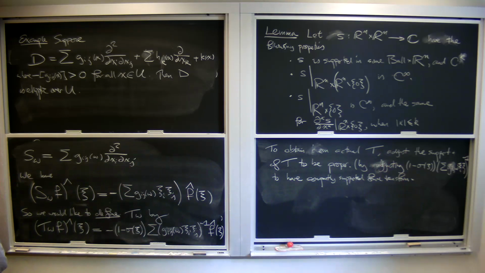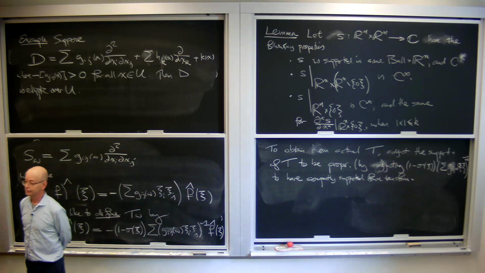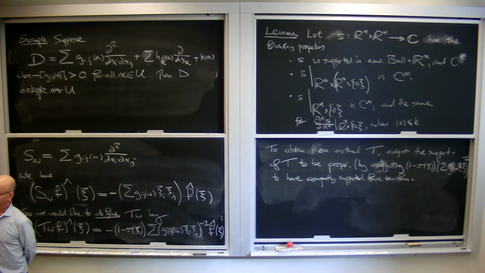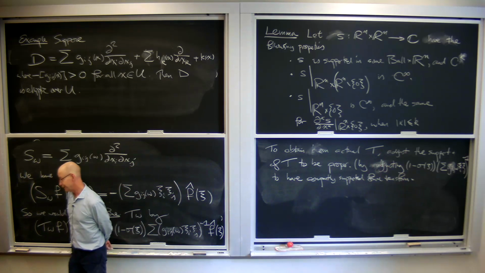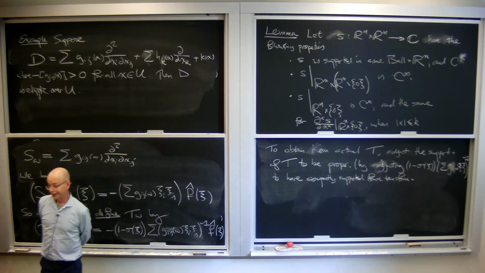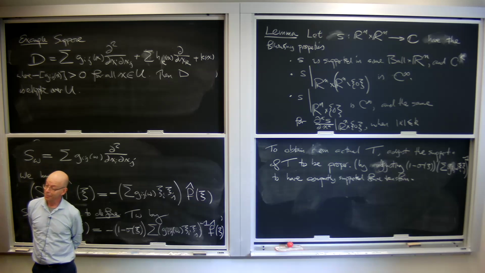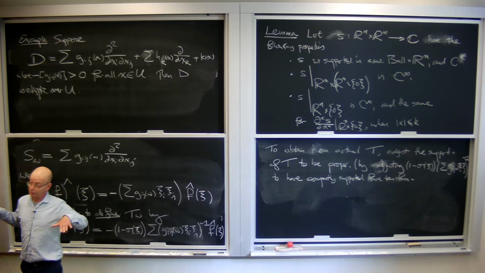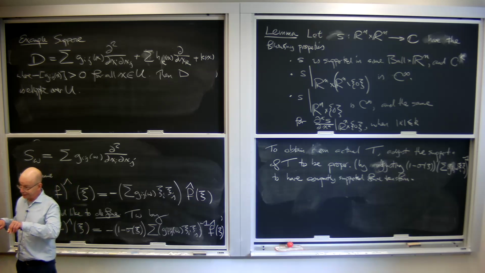I was just saying, how do you do that? So you're saying you want to adjust that thing such that after I take the Fourier transform, it is compactly supported. Yeah. So after I take the Fourier transform, I want this thing to look like what it does now times, let's say, a smooth compactly supported function of xi, which is equal to 1 in a neighborhood of 0, which is where all of the interest is.